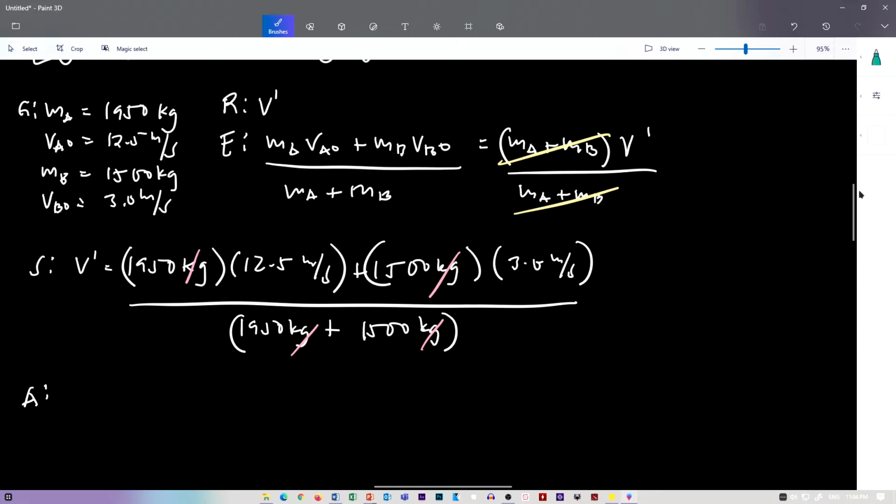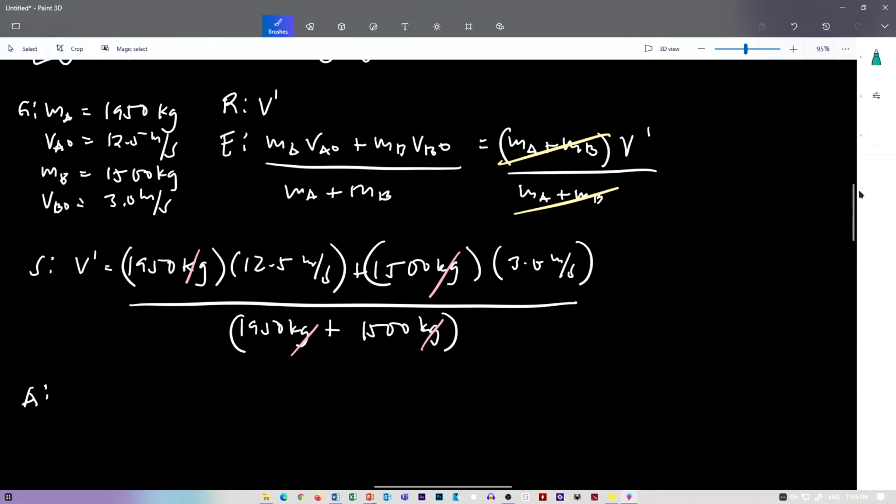So let's input that on our calculator. We have 1950 times 12.5, then put it inside the parentheses, of course, plus 1500 times 3, divided by 1950 plus 1500.